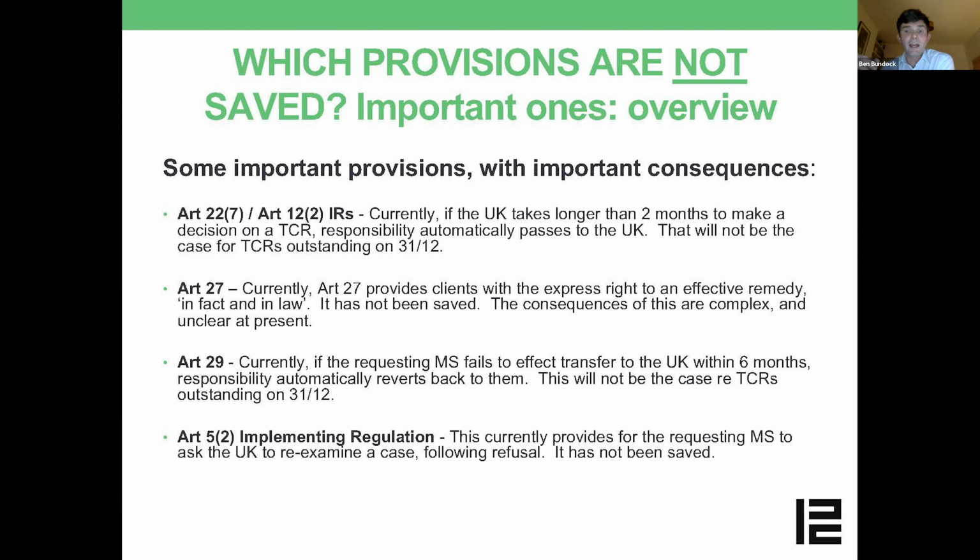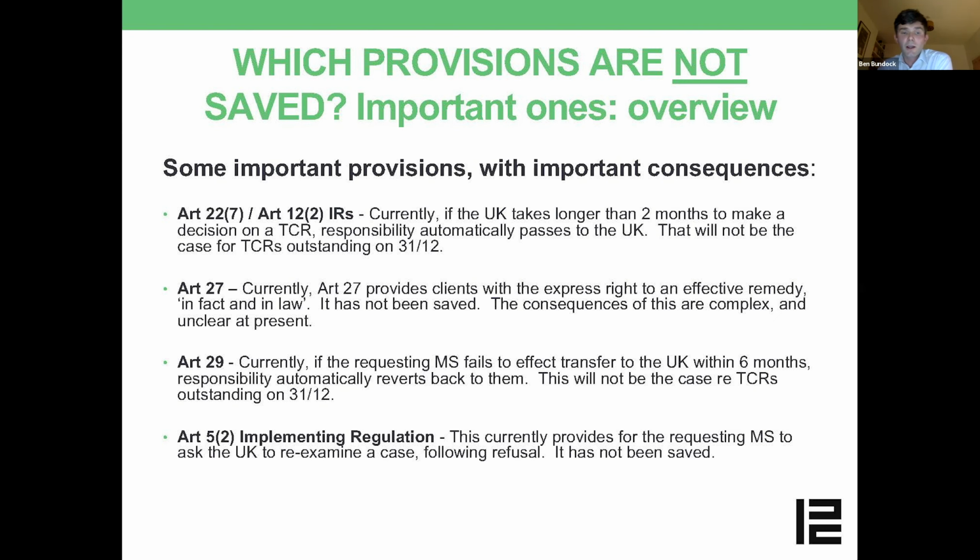So if the UK takes longer than 2 months after the new year, there won't be that default transfer of responsibility. Obviously, that's unhelpful because it means that they can take longer and that there won't be that automatic transfer. What it is likely to mean is that that delay beyond 2 months is likely to be actionable much more quickly than it previously would have been. And the case law on this is highlighted in the slides below this one.